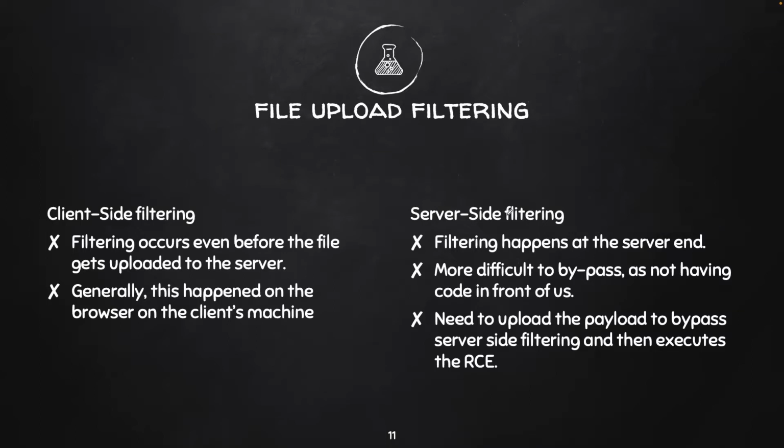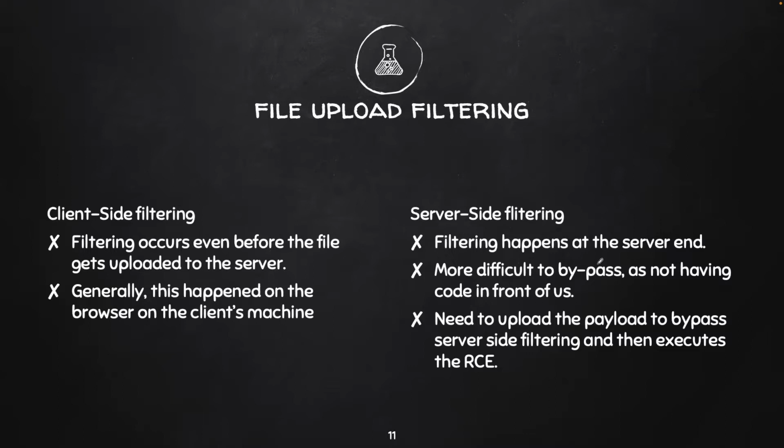In server side filtering, all the filtering and security measures are applied at the server end. Since all the filtering is applied at the server end and we do not have any idea about the code, how it is implemented, it is more difficult to bypass than client side filtering.